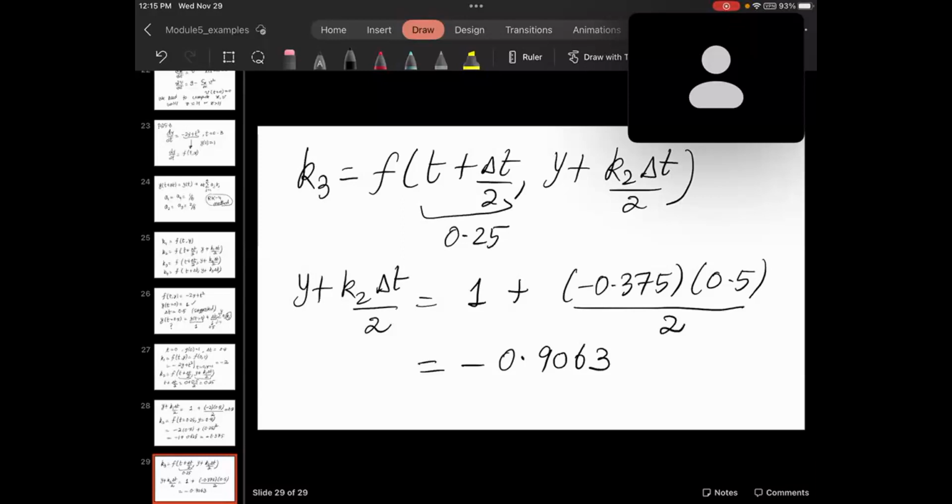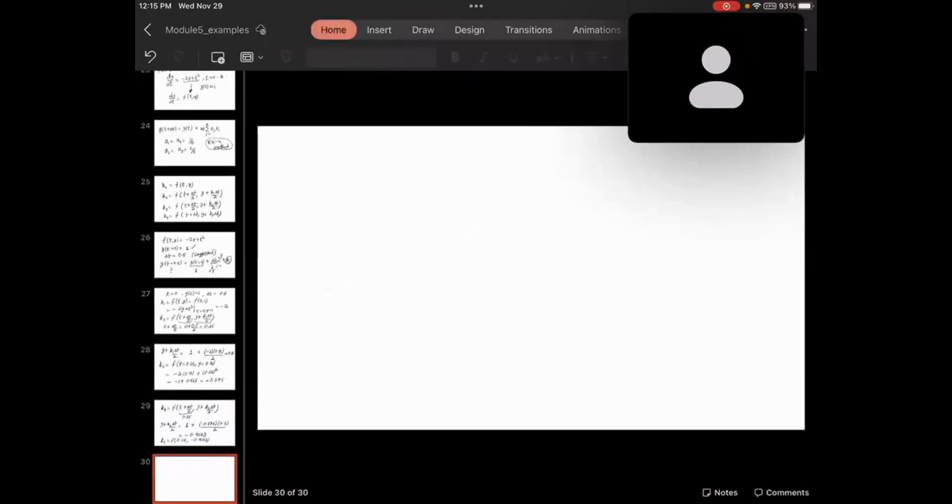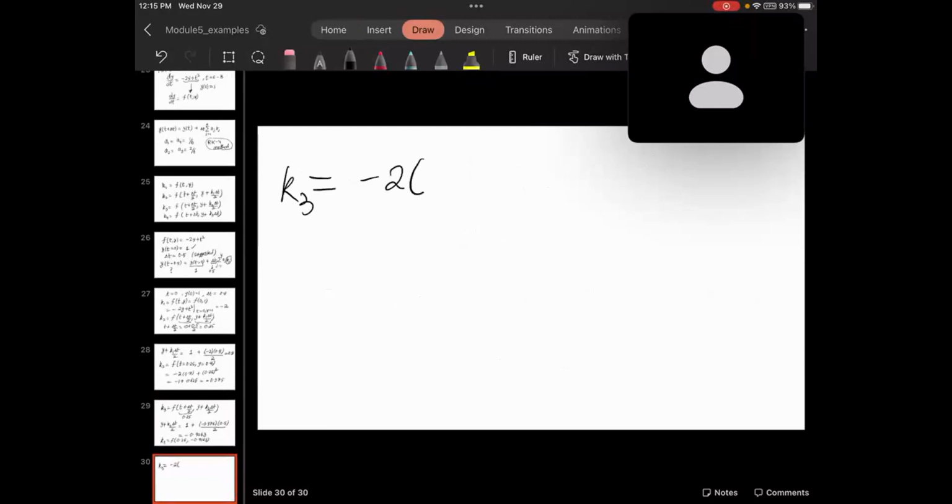I got the same value. Same value. Okay. So now you need to punch it in K3, which is the function evaluated at 0.25 and 0.9063. So K3 is equal to minus 2 times y plus t squared, which is 0.25 squared.